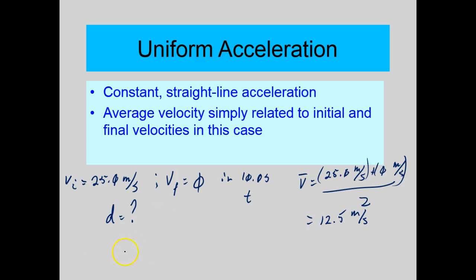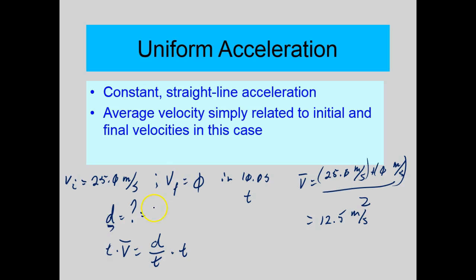Now, how would you get your distance from that? Remember the other formula for V bar I just gave you? Give me the basic formula. V bar is equal to D over T. So if you're solving for D, what would it be? D is what we're looking for.